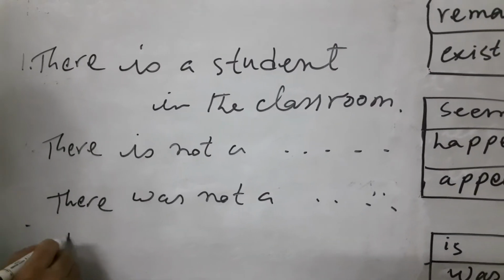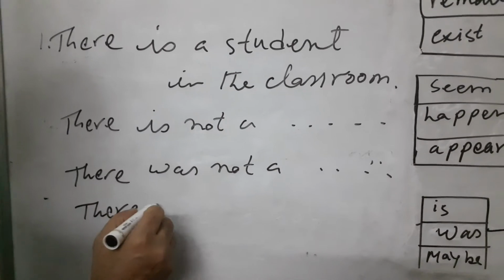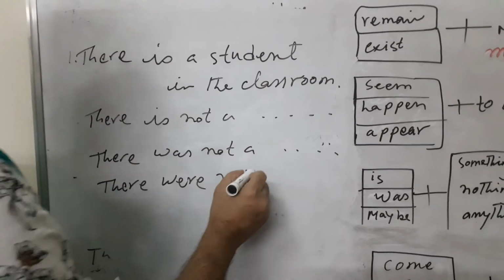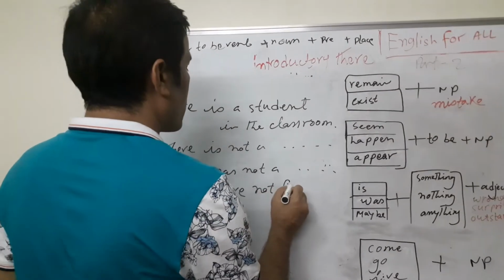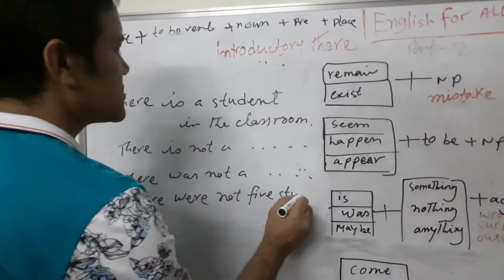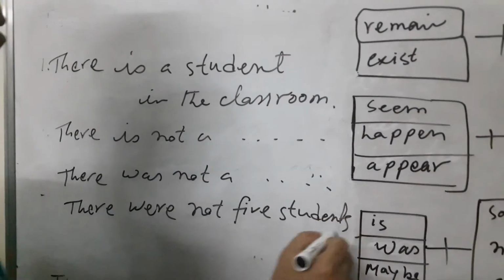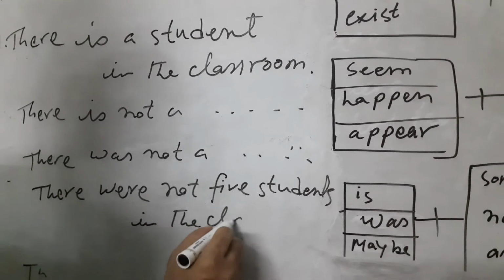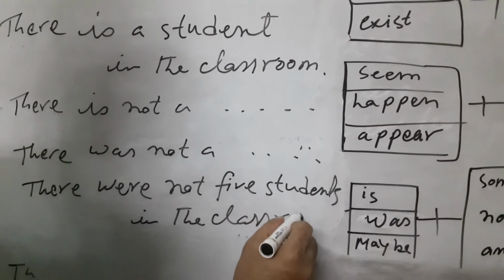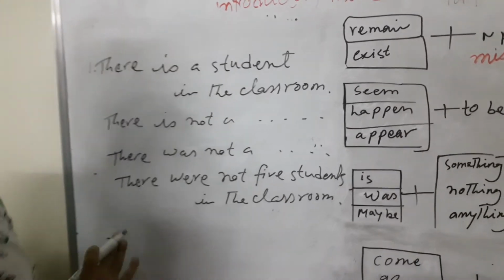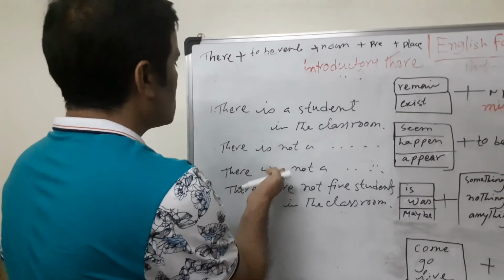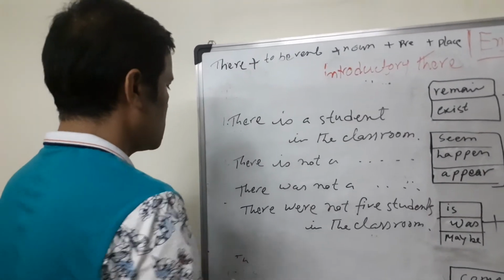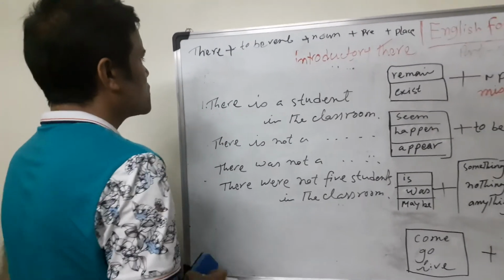Or you can say there were not 5 students in the classroom. In the same way, using other modal verbs, you can make it negative. And how to make it interrogative?